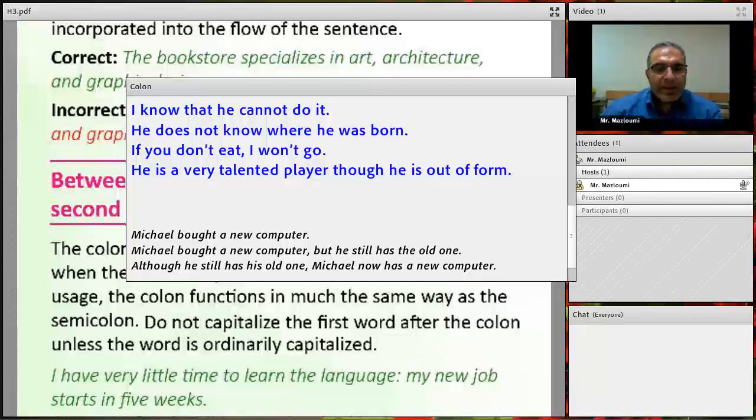He is a very talented player, though he is out of form. Well, he is a very talented player. It is a main clause. It is an independent clause. It makes sense by itself. Though he is out of form is a dependent clause or a subordinate clause.